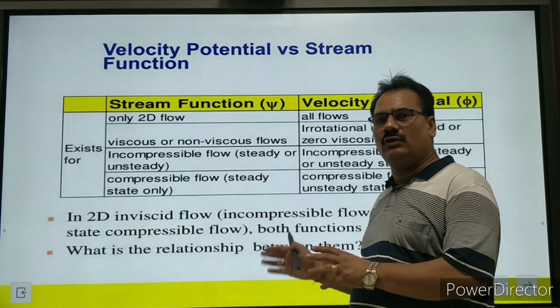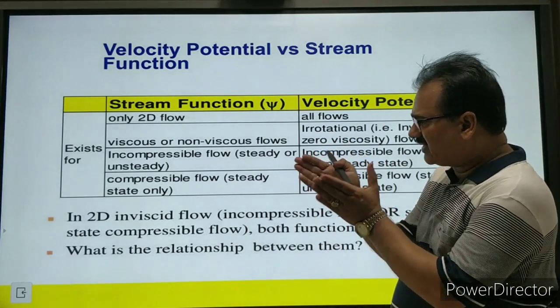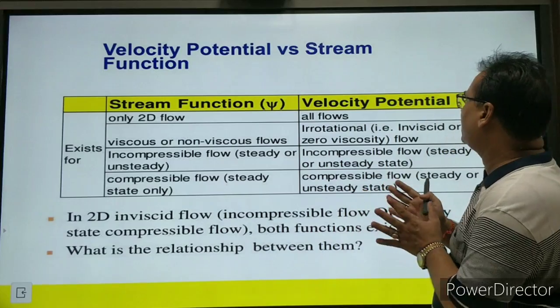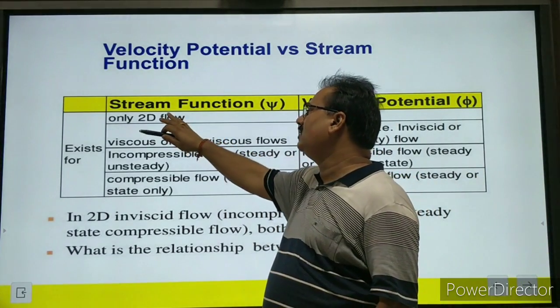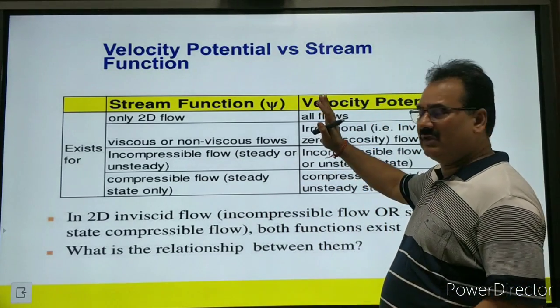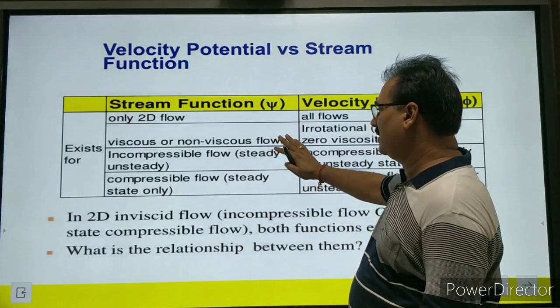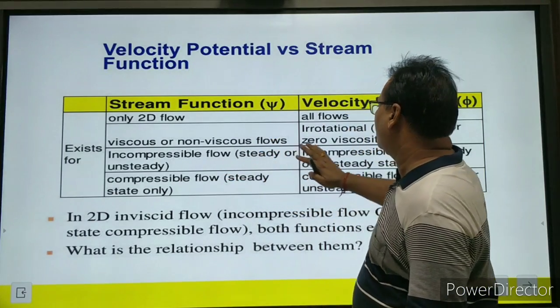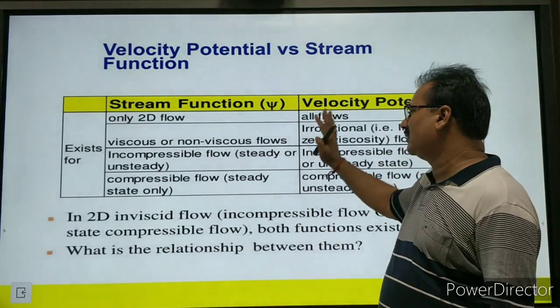Very quickly I will show in this table how you differentiate between the stream function and velocity potential. The stream function exists for only 2D flow, but velocity potential exists for all kinds of flow. The stream function exists for viscous or non-viscous fluids, incompressible flow, but the potential is for all kinds of irrotational flow.